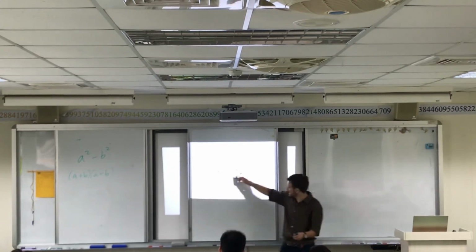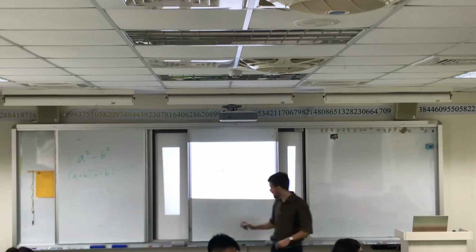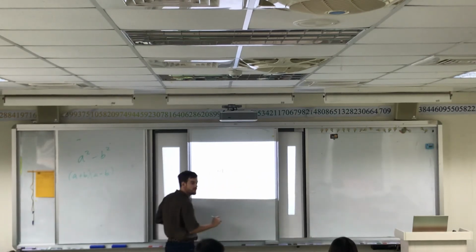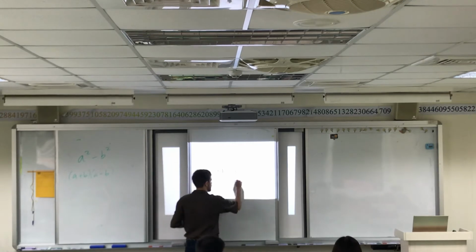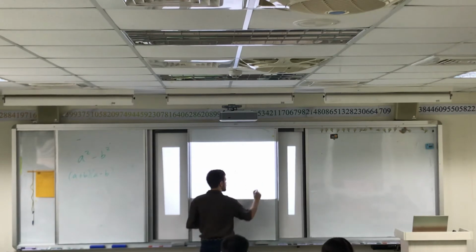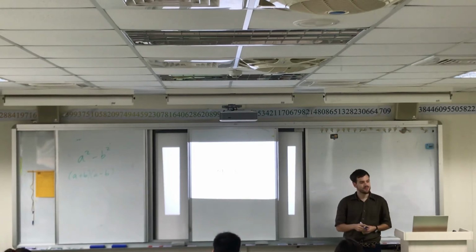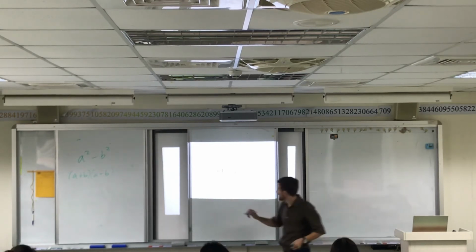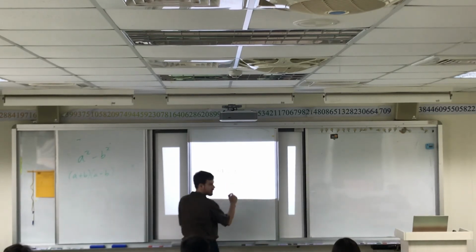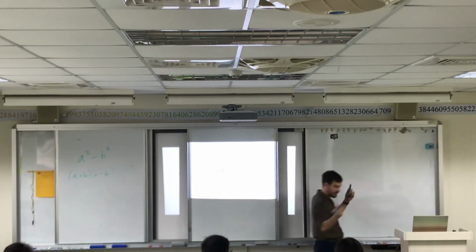So here, if I change it just a little, and I get 64 minus y squared, what do I get? Okay. What do you get? Very good. 8 minus y times 8 plus y.